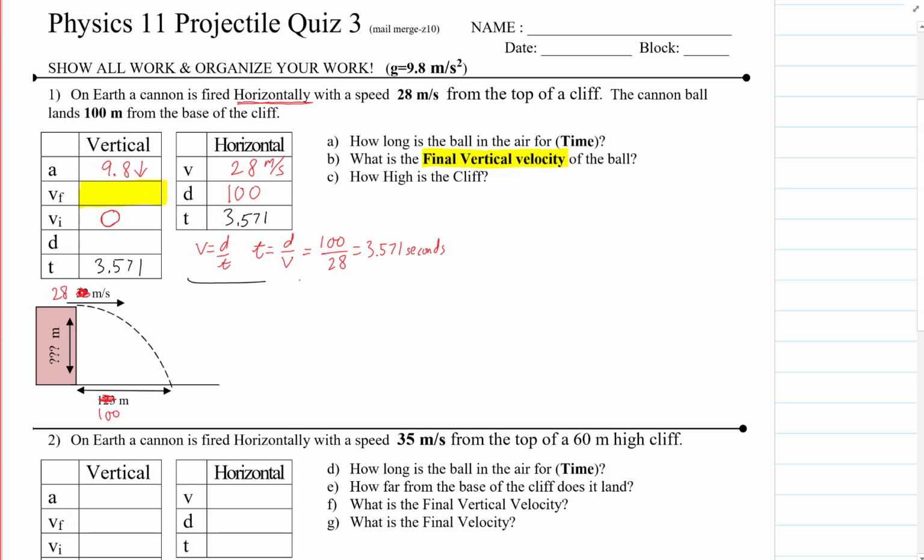So vertically, that was A. And B, we have three givens. VI is 0, A is 9.8, and the time is 3.571. We're asking for what is the final velocity. Final velocity will be calculated from this formula. And the initial speed is 0 plus 9.8 times 3.571.